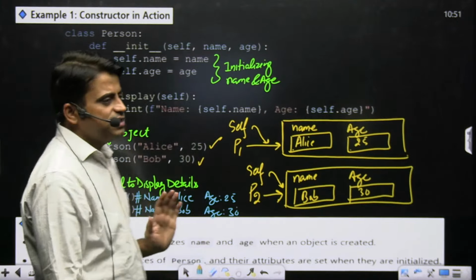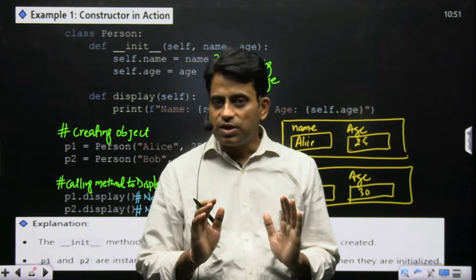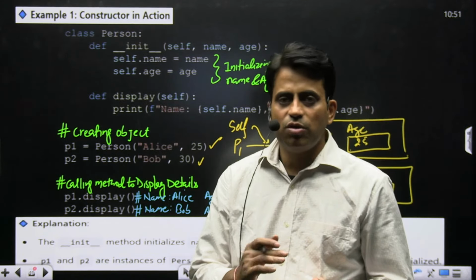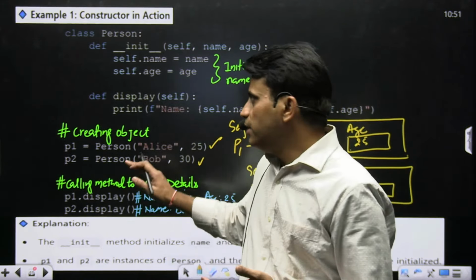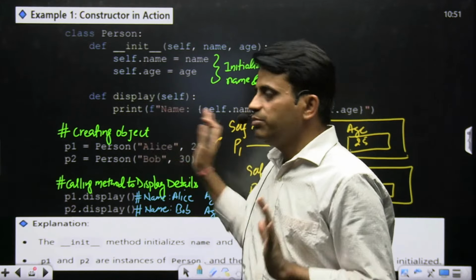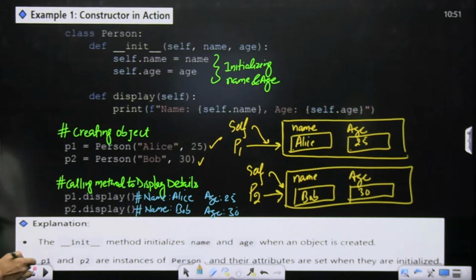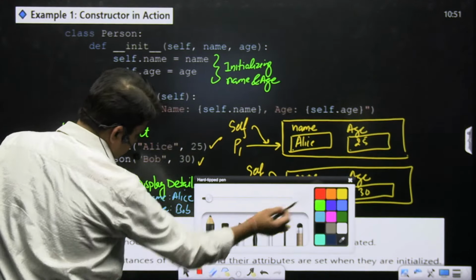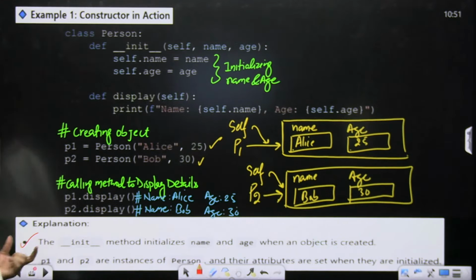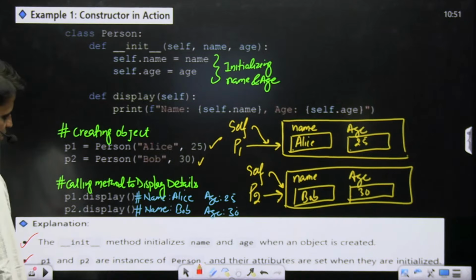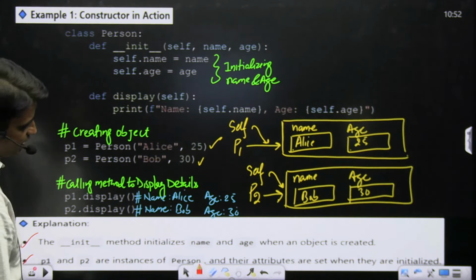In this way, you can create a class, create an object, and access the attributes of a class. This is the init constructor, and everything we have discussed. So init is a method that initializes name and age when an object is created. Second, P1 and P2 are instances of Person and their attributes are set when they are initialized.